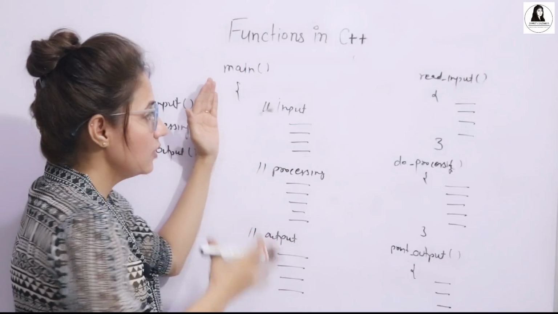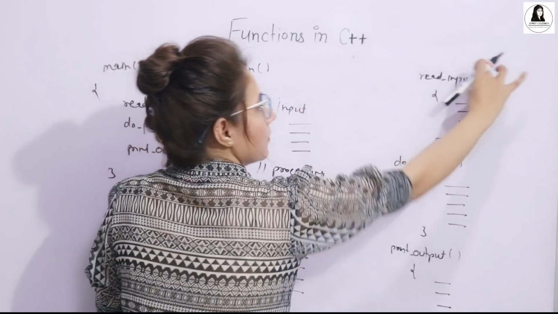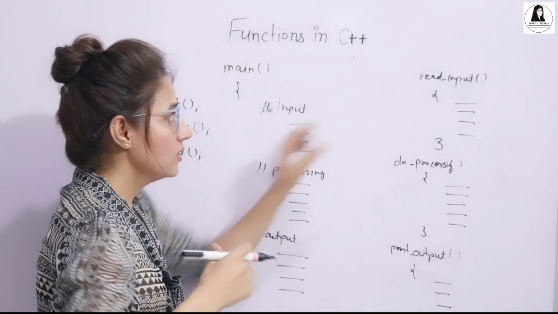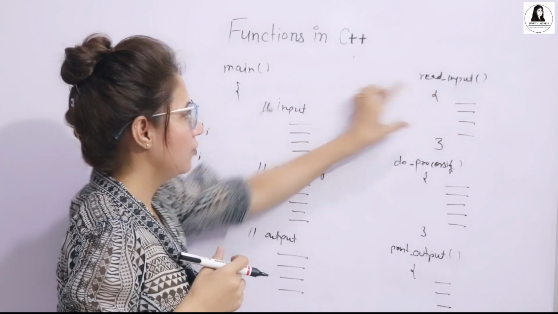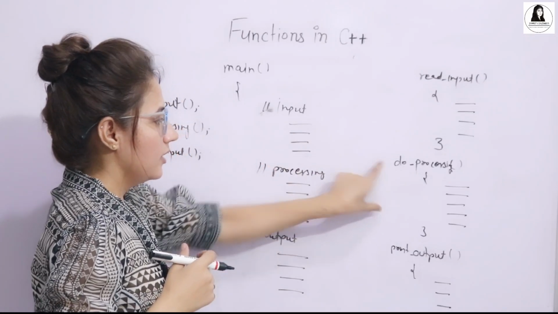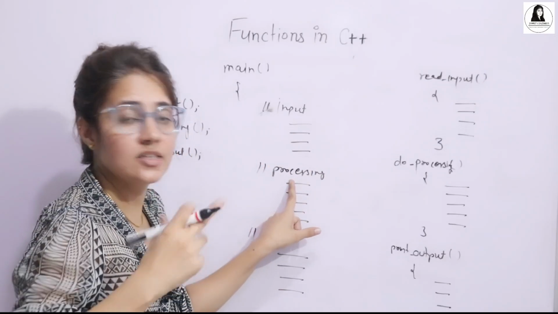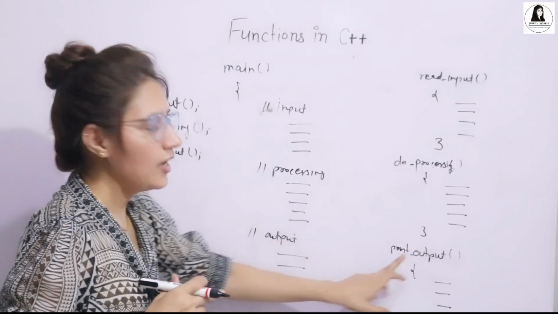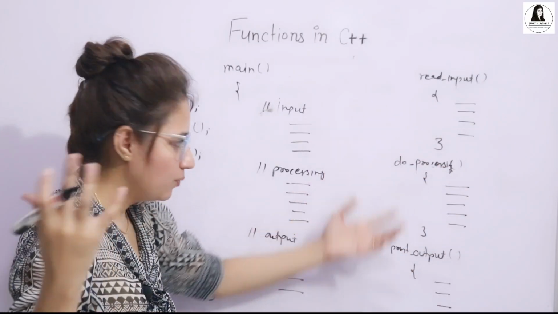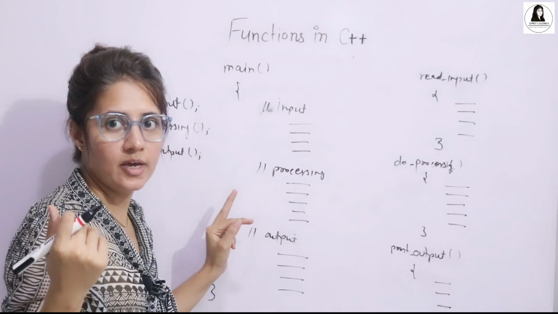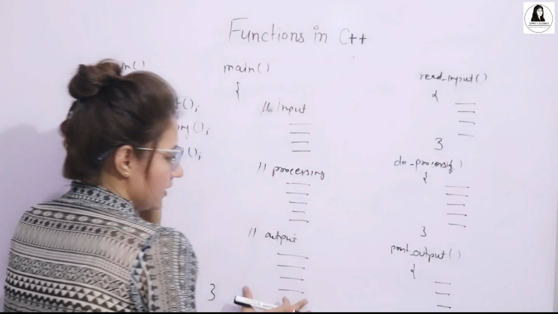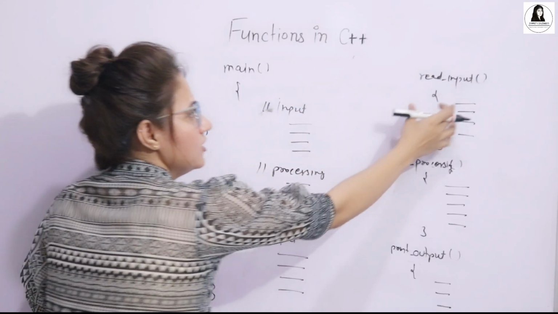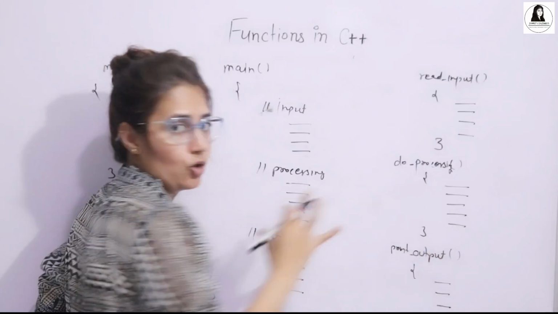Rather than this, what we can do is, for input we make a different function, read input, and in this function we have these 4 lines. For processing, we have another function, do processing, and there we have these 4 or 5 lines. For output, we have a different function, maybe print output, and there we have these 4 lines. So rather than writing all the things in main function, we can just call read input, do processing, print output.